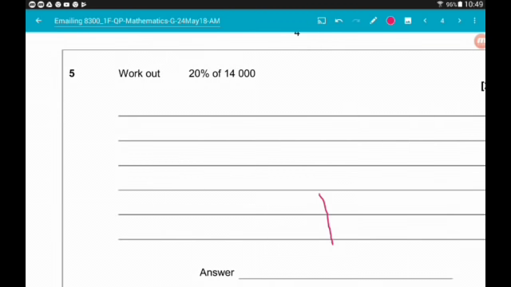Question 5 wants us to work out 20% of 14,000.